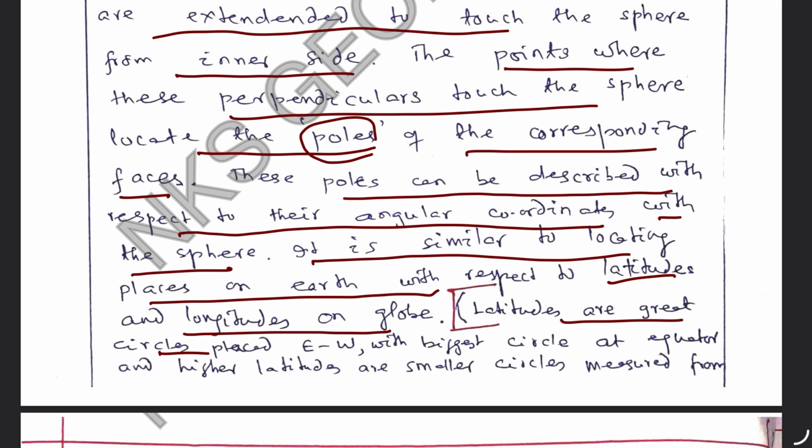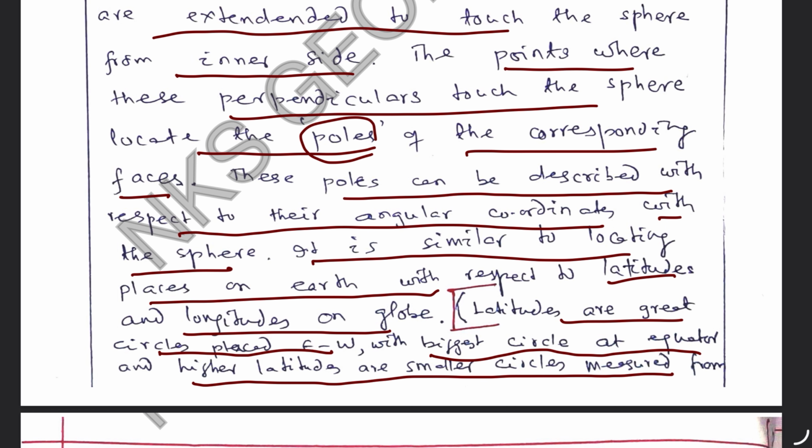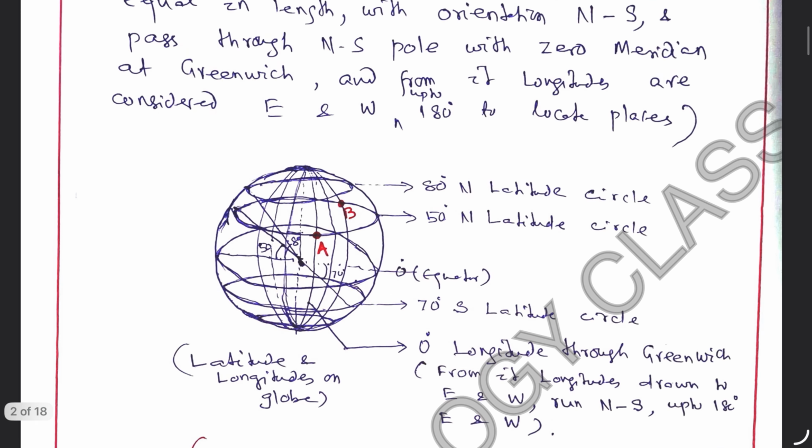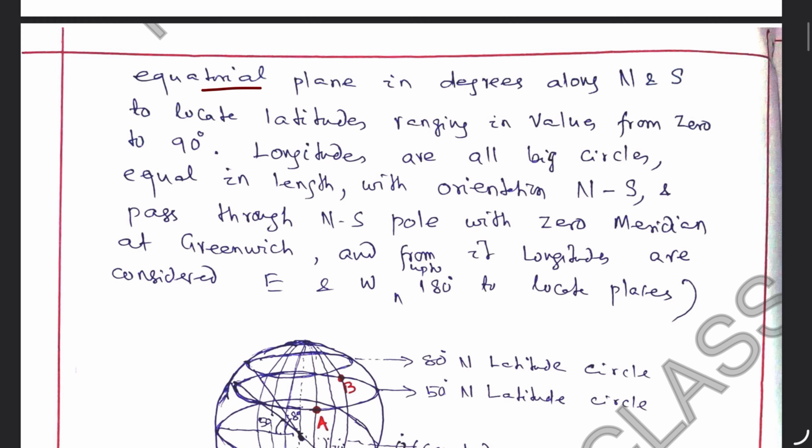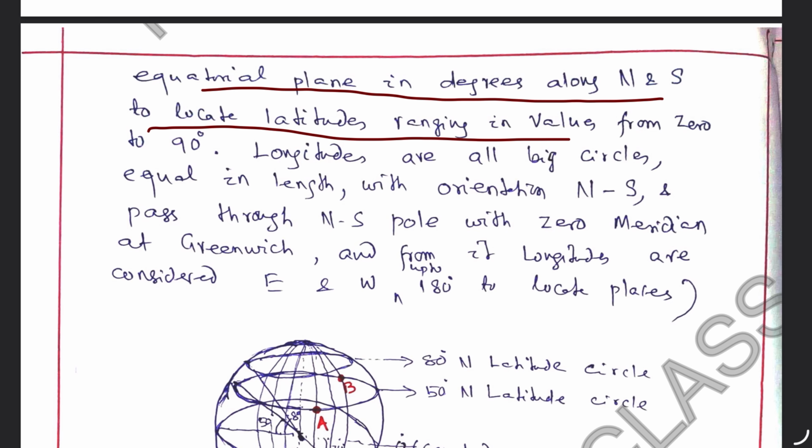Latitudes are circles placed east-west, with the biggest circle at the equator, and the higher latitudes are smaller circles, measured from the equatorial plane in degrees along north-south, with values ranging from 0 to 90 degrees. Similarly, longitudes are all great circles.